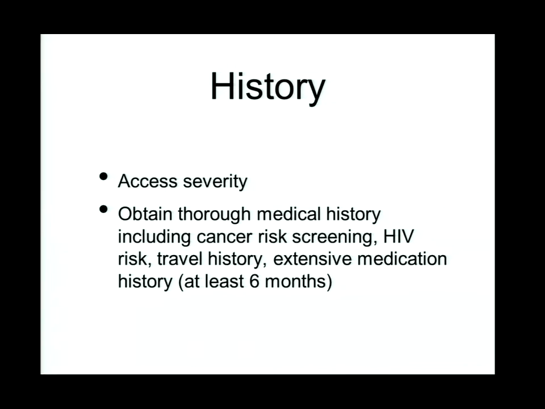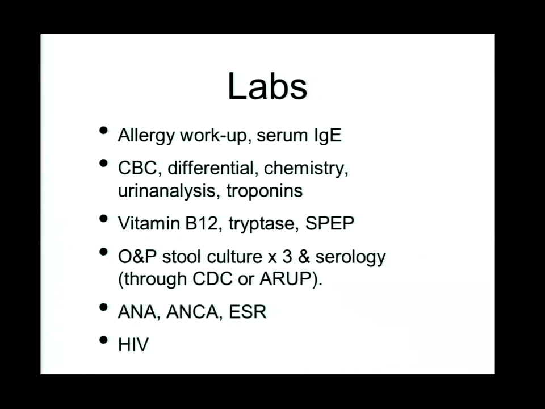But if their presentation is not that severe, then you go through the differential diagnosis. Definitely get a very thorough medical history. Definitely remember cancer screening history, HIV risk factor history, travel history, and extensive medication history.